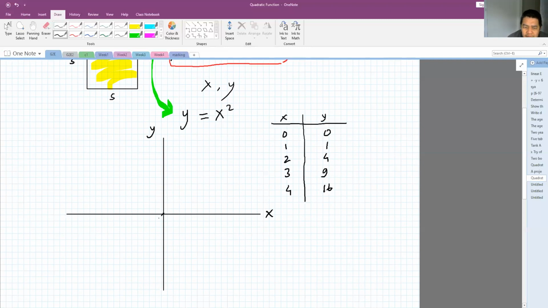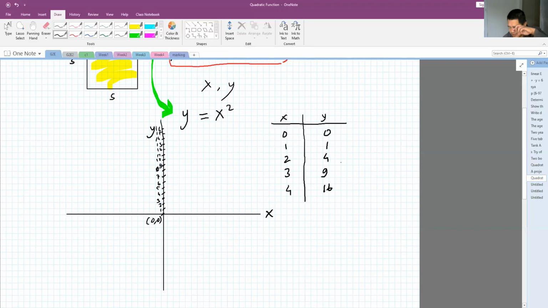So for example, this is the origin, the location of 0, 0. And then we can have 1, 2, 3, 4, 5, 6, 7, 8, 9, 10, 11, 12, 13, 14, okay, we need a bit longer, 15, and then 16.